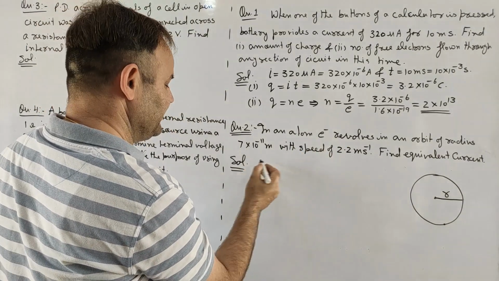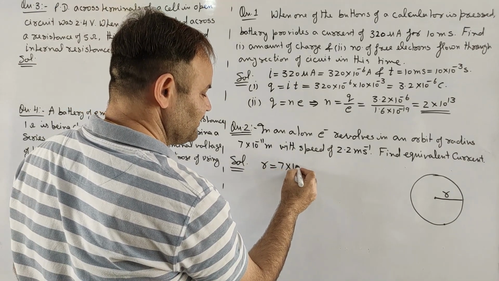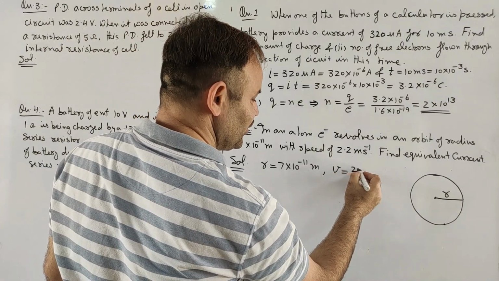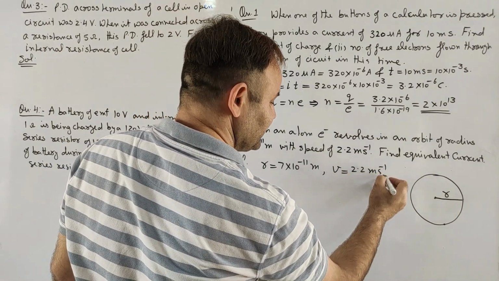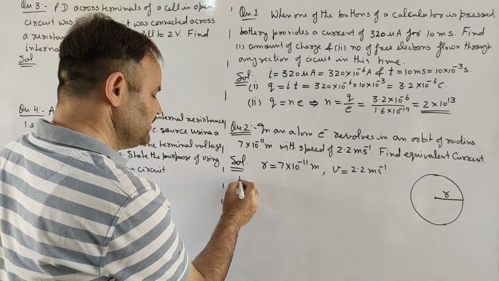The given things are, first, radius 7 into 10 to the power minus 11 meter, and second, speed 2.2 meter per second. Now how to find the frequency of revolution?